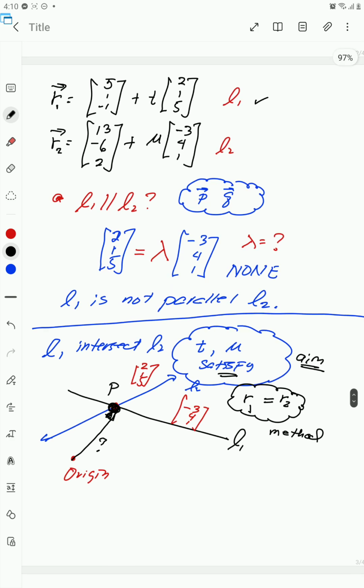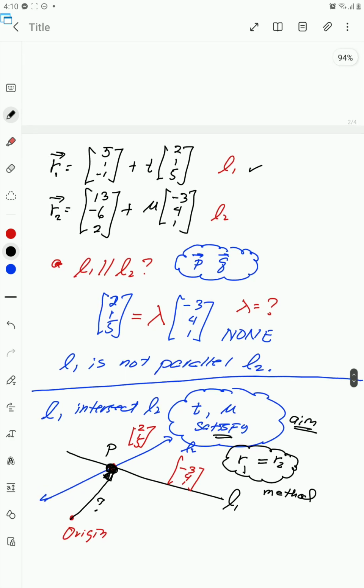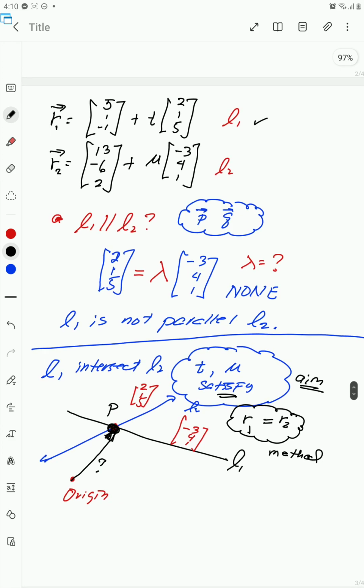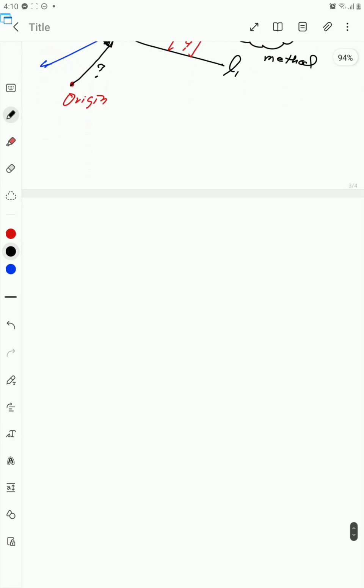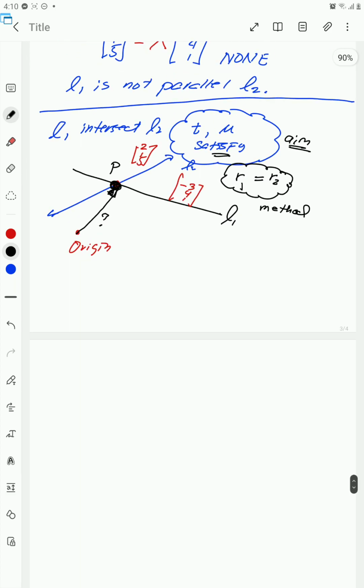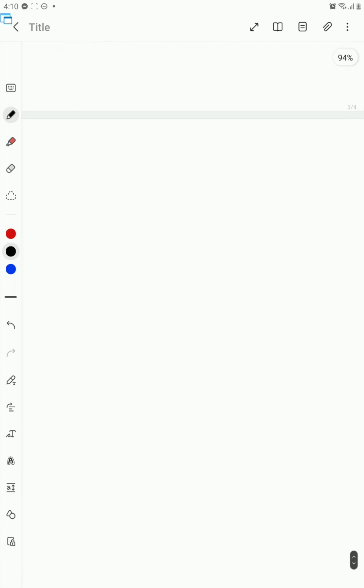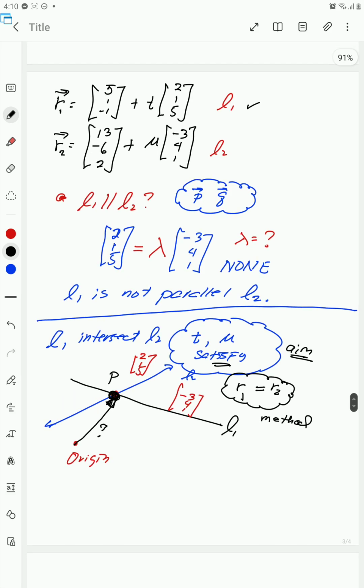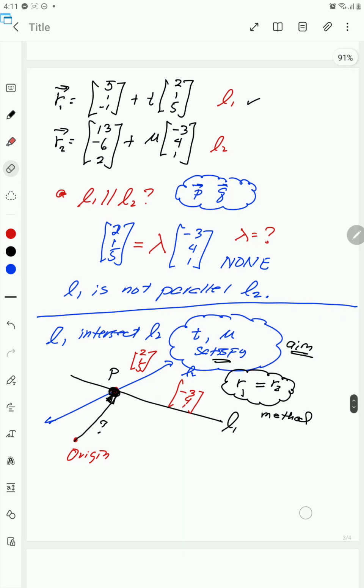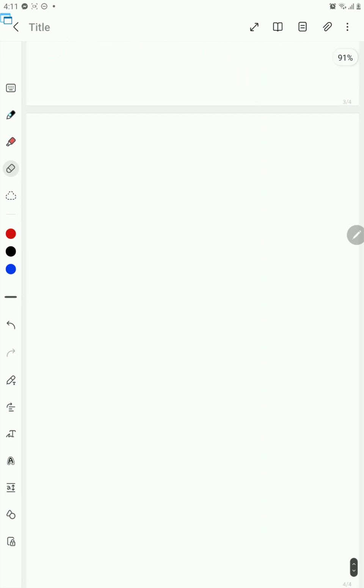So again, let's make them equal with each other. R1 is equal to R2.